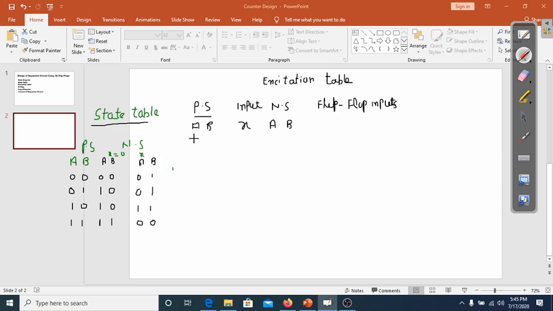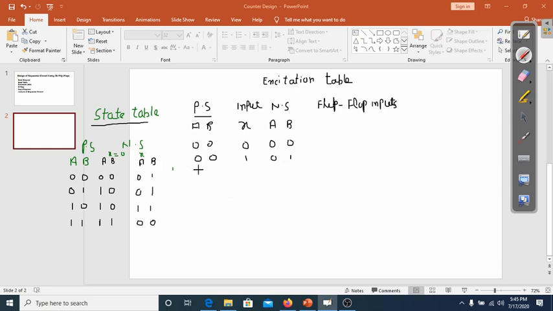The present state I will start from 0 0. So I'm expanding this state table. When the input is 0, we have next state 0 0. When the present state is 0 0, input is 1, the next state is 0 1.